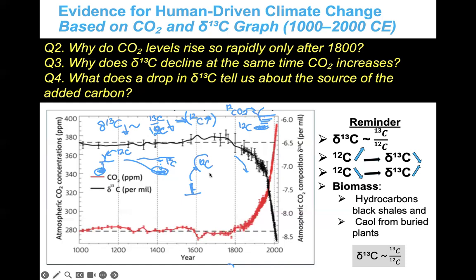This means in the air, we have a higher C12. A higher C12 means a lower delta C13. And that's what you see, this drop right here.